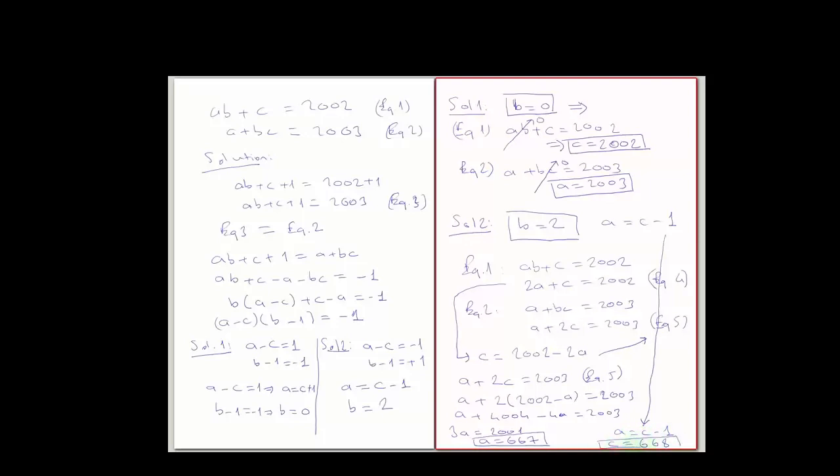So we have 2 solutions for equations 1 and 2, and we found them. This is solution 1: B equals 0, C equals 2002, and A equals 2003. And for solution 2, we have B equal to 2, A equal to 667, and C equal to 668. Thank you for listening.